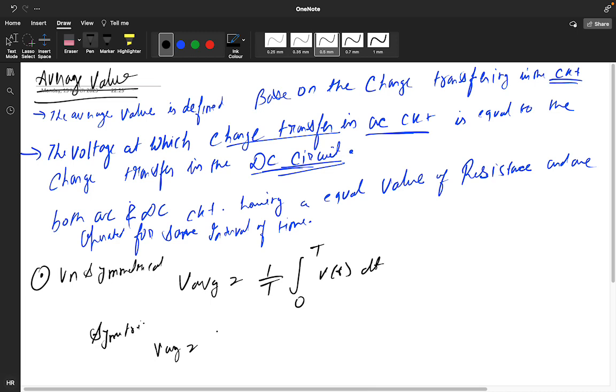Can you read that sentence once again? Both AC and DC circuits having an equal value of resistance and are operating for the same interval of time.